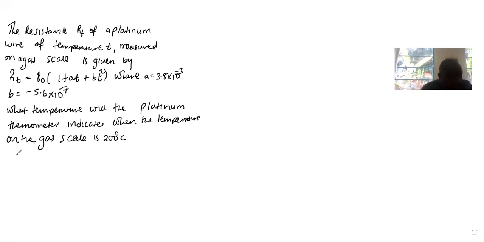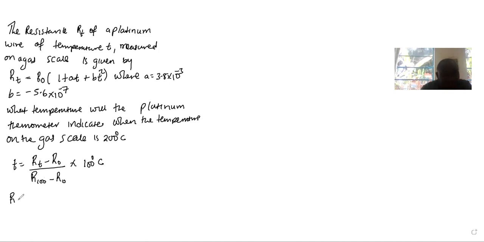Now, according to that question, we are expected to get the temperature small t from R at unknown temperature minus R at ice point, out of the resistance at steam point minus the resistance at ice point, times 100 degrees Celsius. So go ahead and investigate.